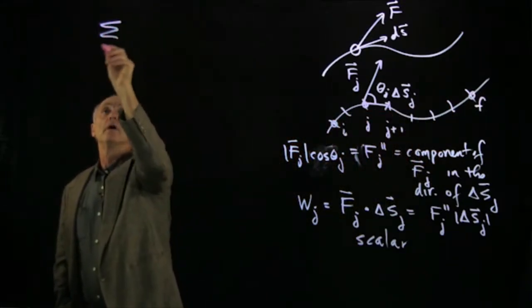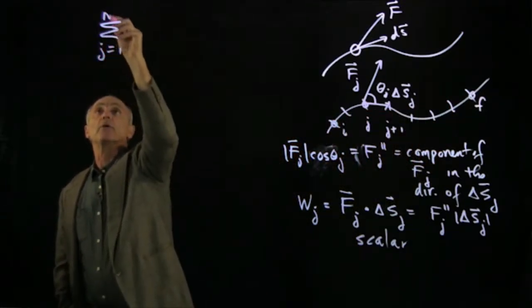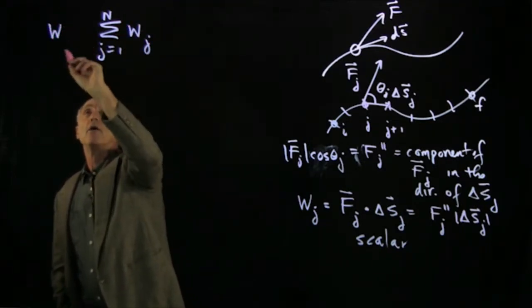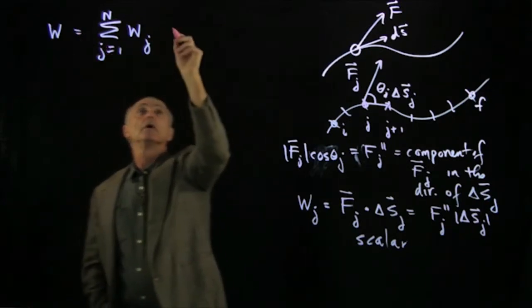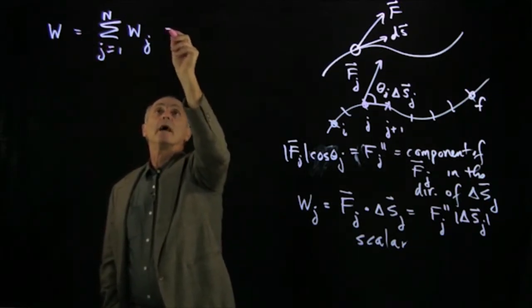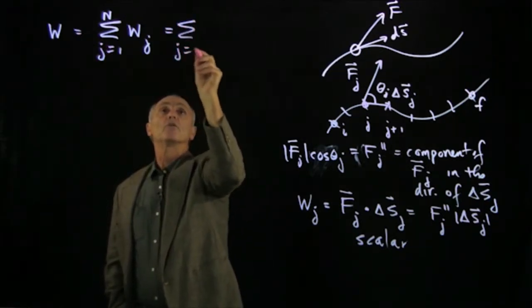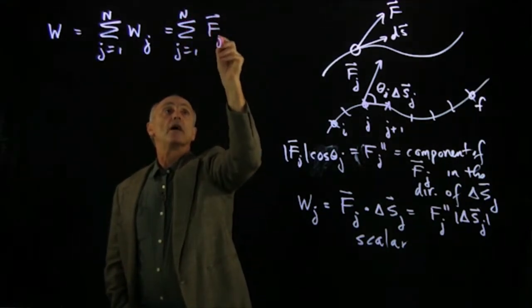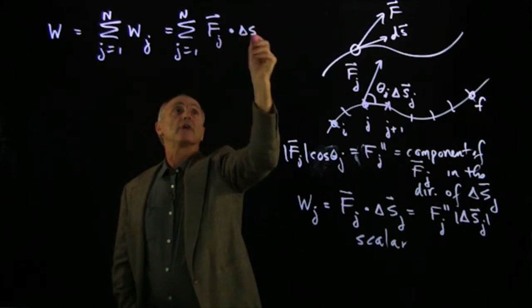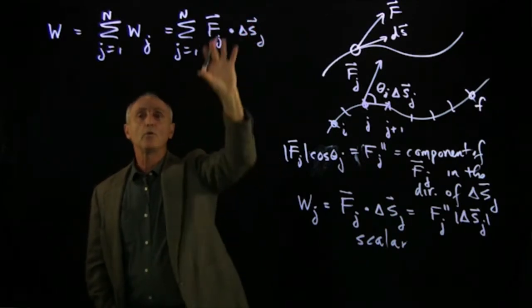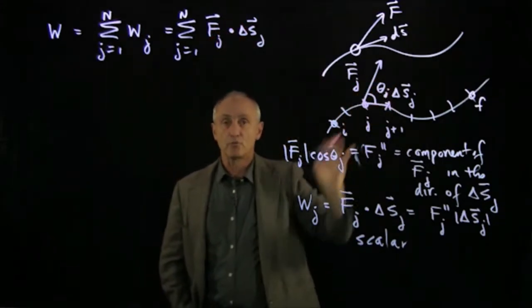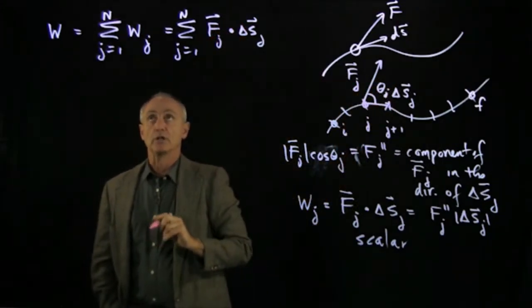And it's just the sum for all of these j's, and let's say we have n of them, of wj. And right now we're going to call this W, just that scalar sum. And that's equal to the sum, j goes from 1 to n, of Fj dot delta sj. So now we'll use the vector dot product because we already know that this is how much of the force is in the direction of the motion.